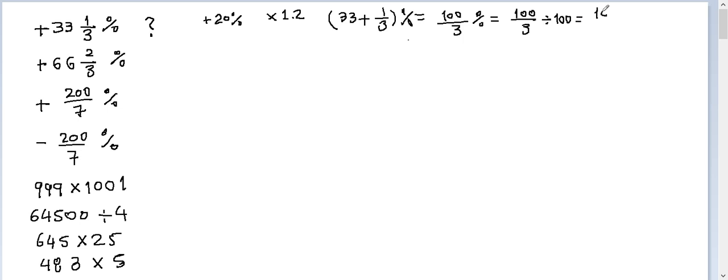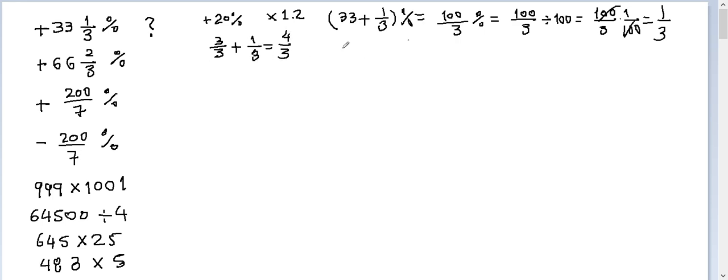It means 100 over 3 multiplied by 1 over 100. Cancel out 100s and you have 1/3. So very simply, it means here that I have to increase the original amount by 1/3. So if the original amount is 3/3 and I add 1/3, it becomes 4/3 of the original amount.